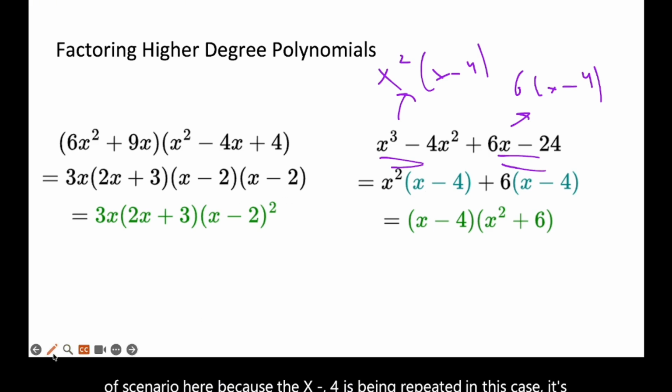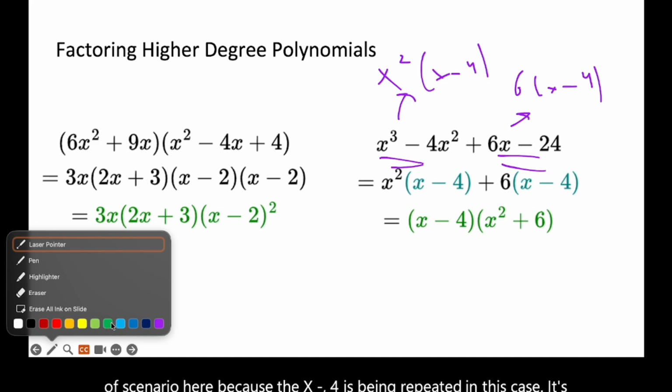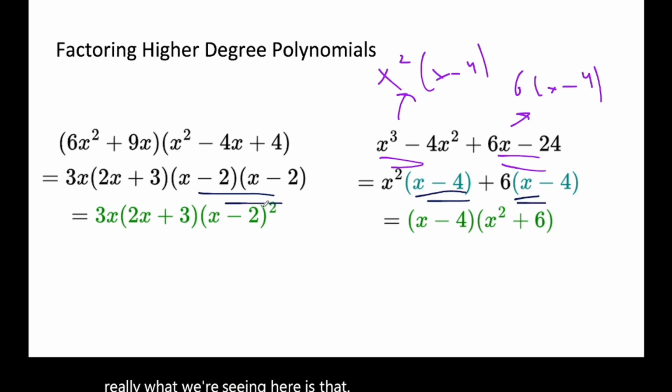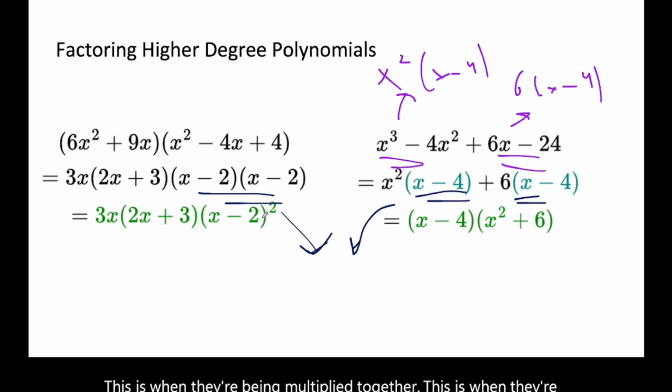Let me be very clear on this part, because what we're seeing here is the difference between this and this. There's a clear difference. When they're multiplied together, you're going to get essentially a square of that expression.